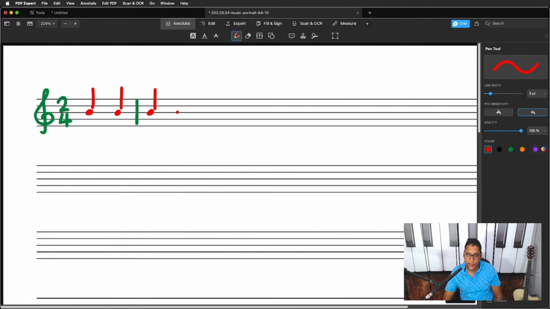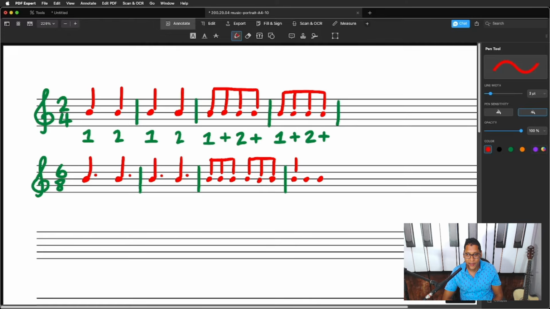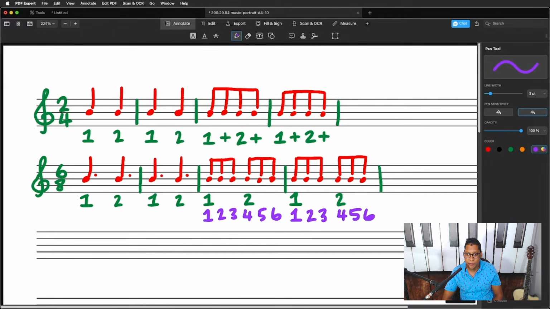Simple time signatures divide their main beats into 2 parts. So for the time signature of 2/4, 1, 2, 1, 2 divides into 1 and 2 and 1 and 2 and. Compound time signatures divide their beats into 3 parts instead. Each one of these parts gets its own number.